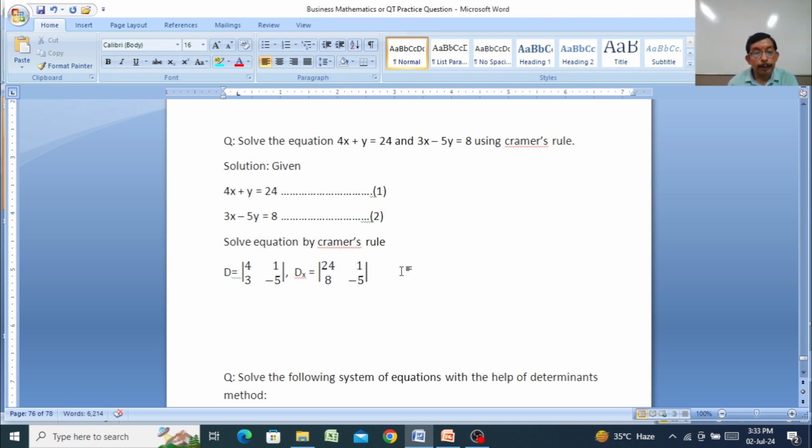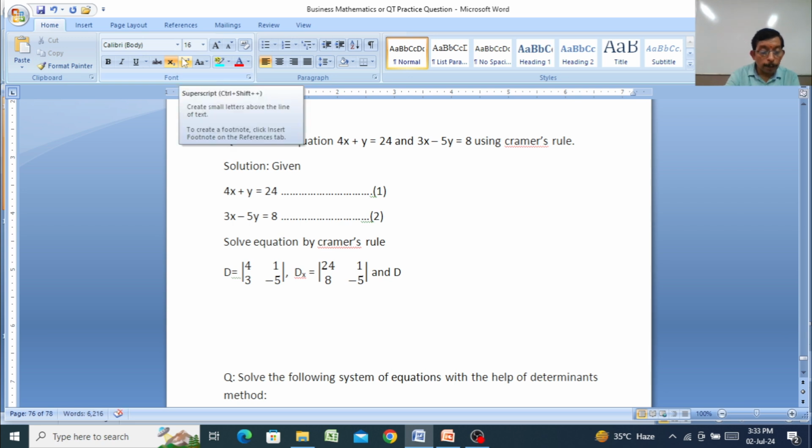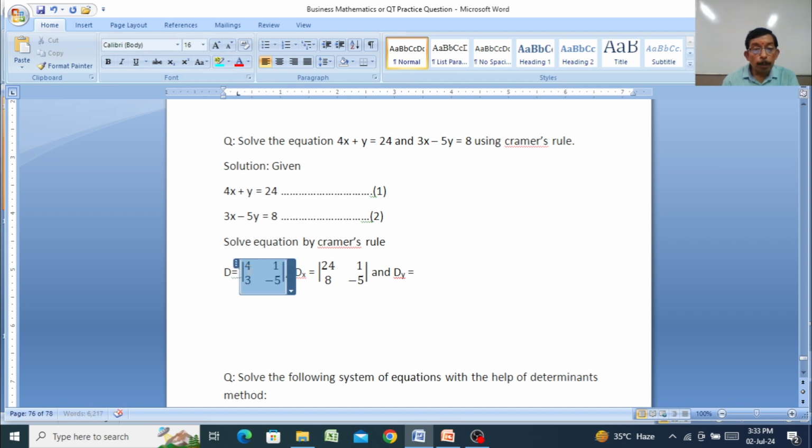This is Dx. Now Dy. Dy is equal to the coefficient matrix with the second column replaced by the constant terms. The second column values, 1 is replaced by 24 and minus 5 is replaced by 8.